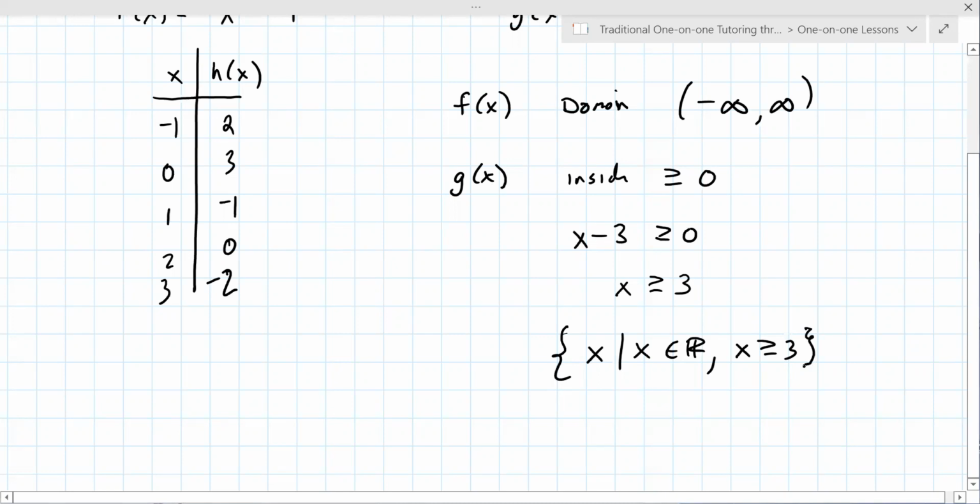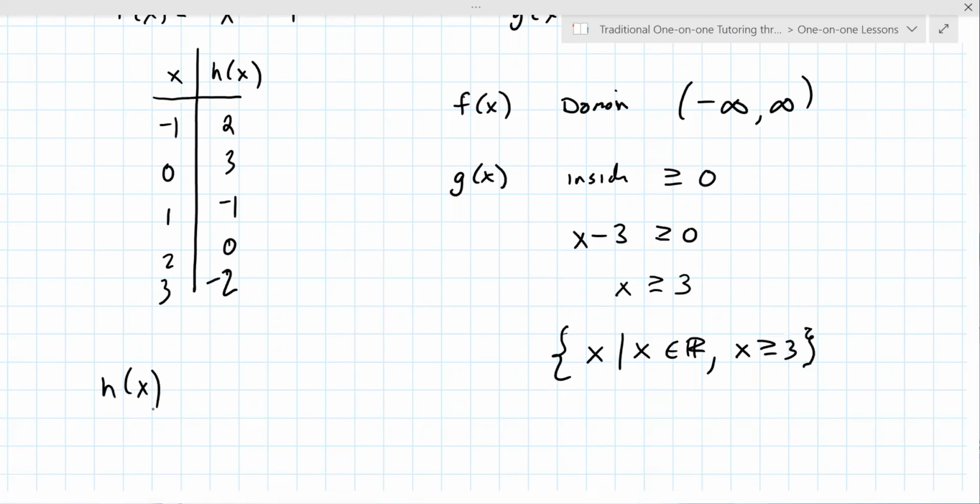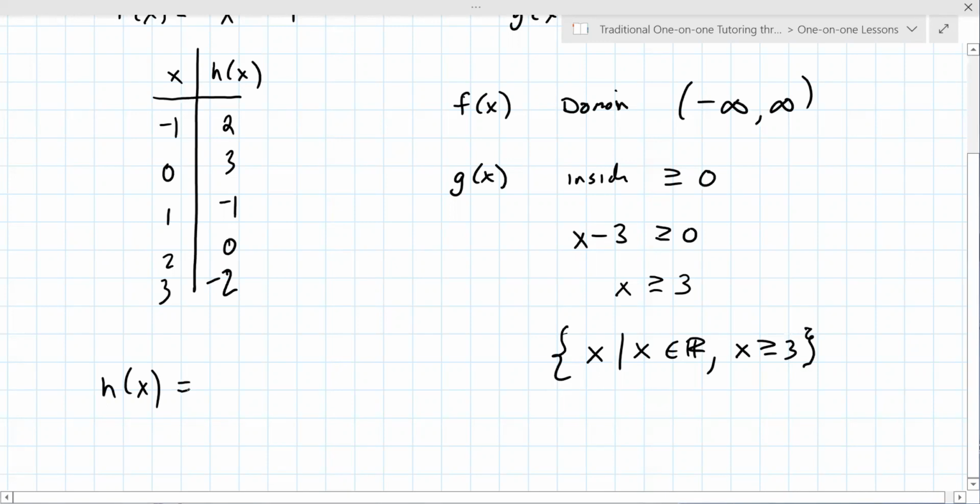Now, how about for h of x? It comes from the table. So what are the x values? It's literally just the x values.